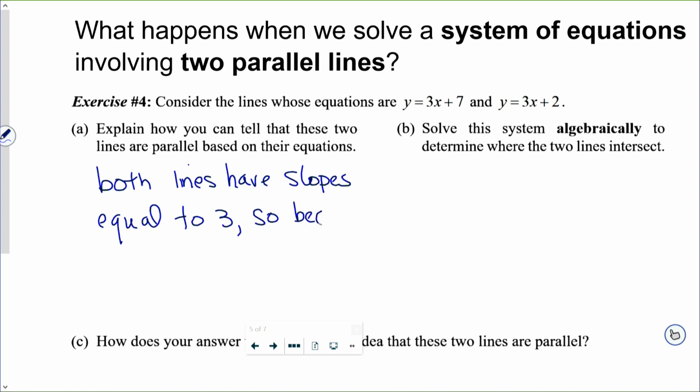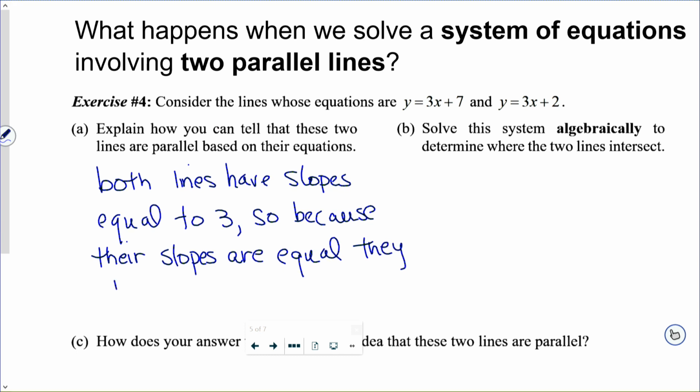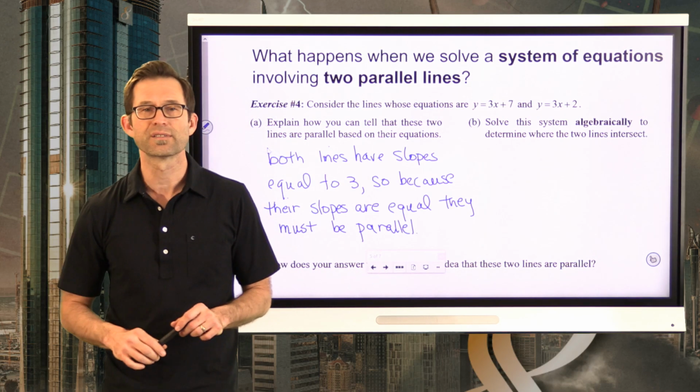So because their slopes are equal, they must be parallel. All right, so they're definitely parallel lines.